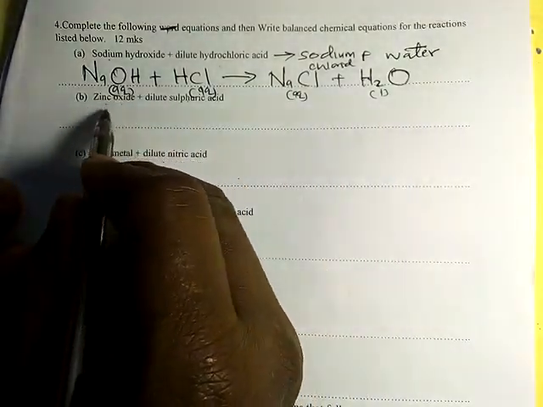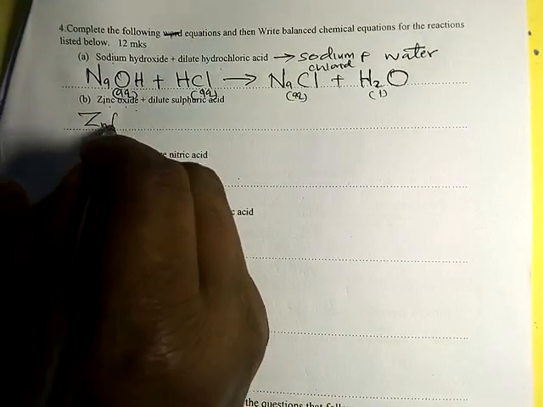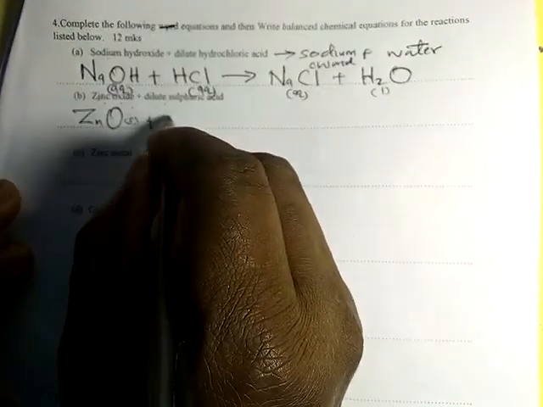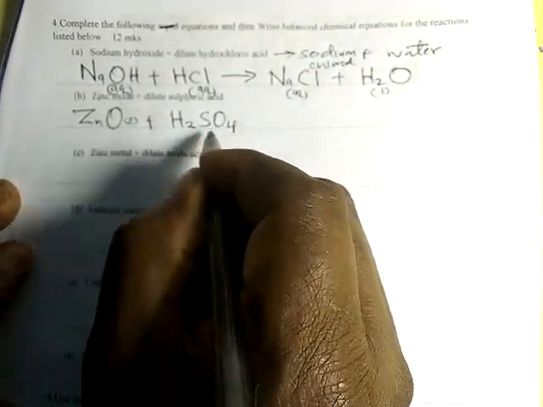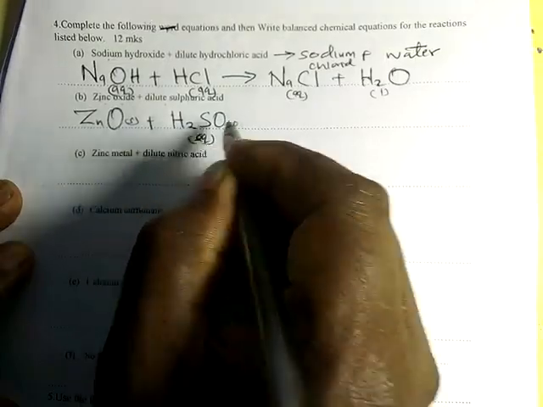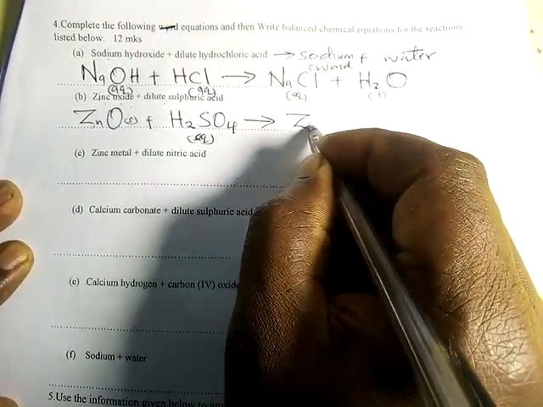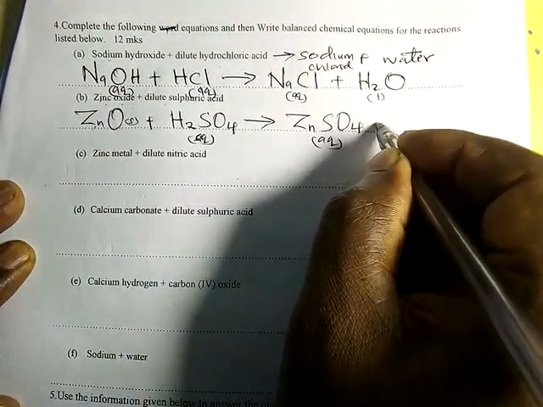So let us write the chemical equation. Zinc oxide is ZnO solid plus dilute sulfuric acid, written as H2SO4 aqueous. It will give you zinc sulfate aqueous plus water.